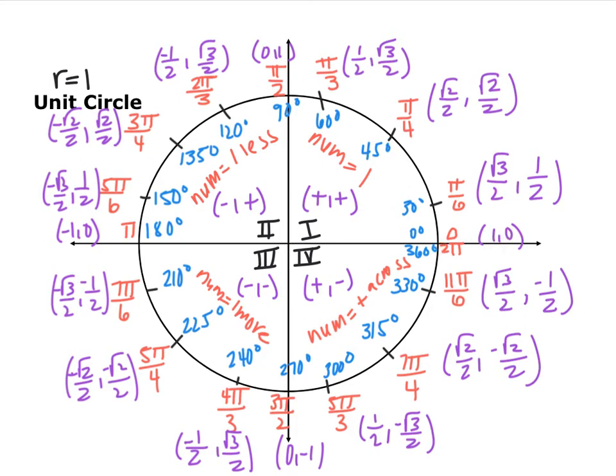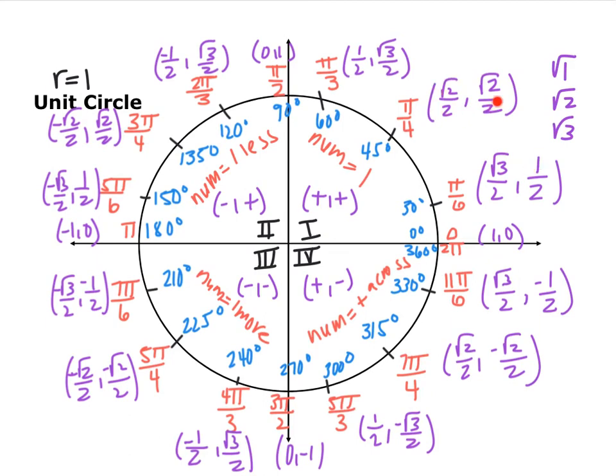For the others, every denominator is 2, and then your numerators are either √1, √2, or √3. √1 is just 1. So for over 6s, your x is bigger because you've gone farther out in the x direction and smaller in the y direction. So your x is bigger and your y is smaller.